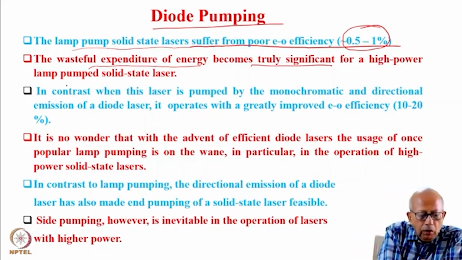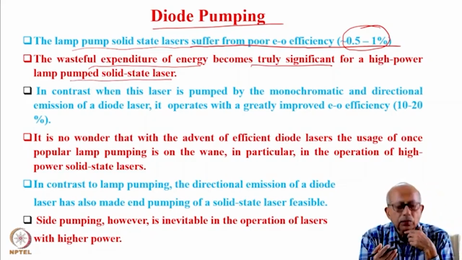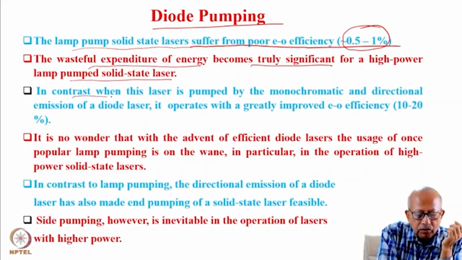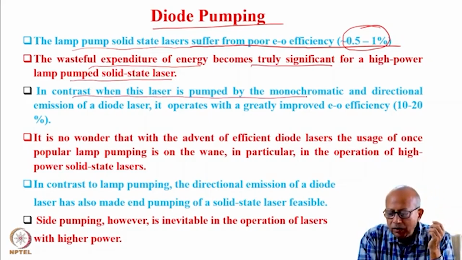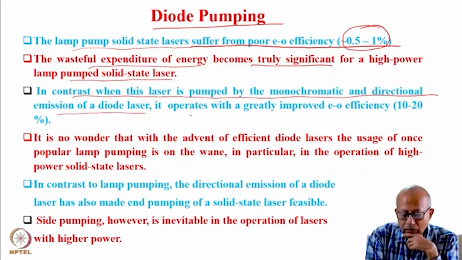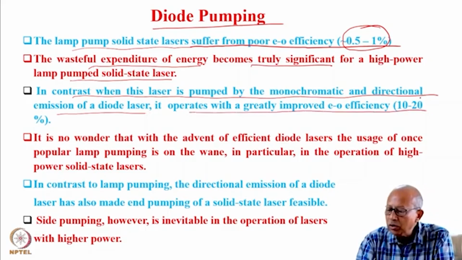So, if you have to generate high power from the solid-state laser, then the energy that you waste is also more. In contrast, when this laser is pumped by the monochromatic and directional emission of the diode laser, it operates with a greatly improved electro-optic efficiency, which can be as high as 10 to 20%.